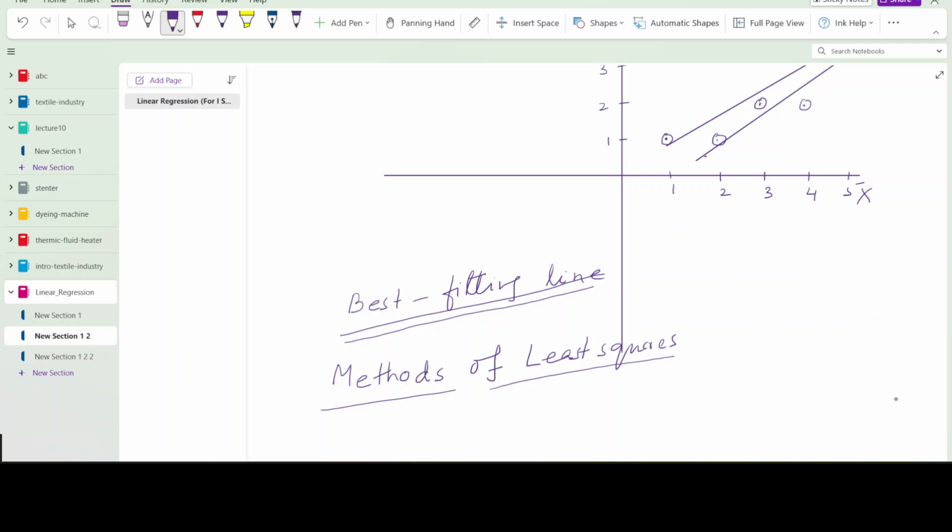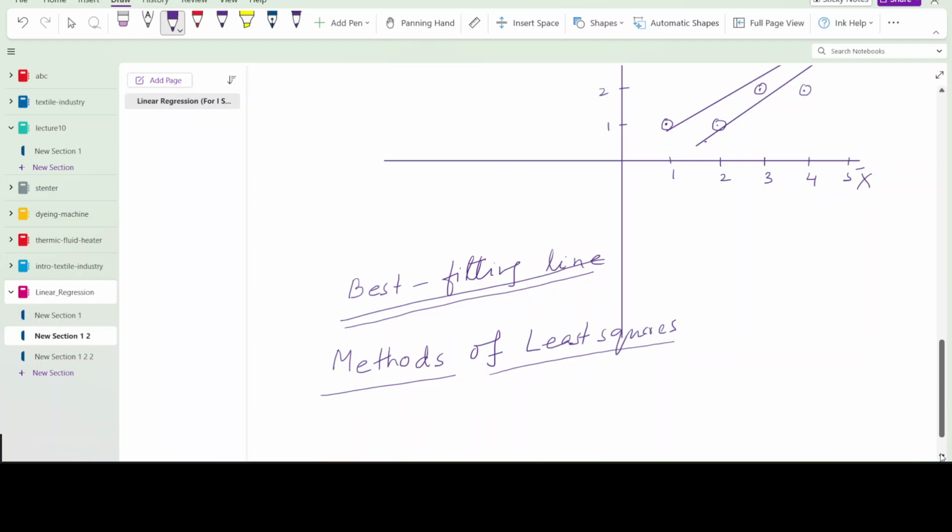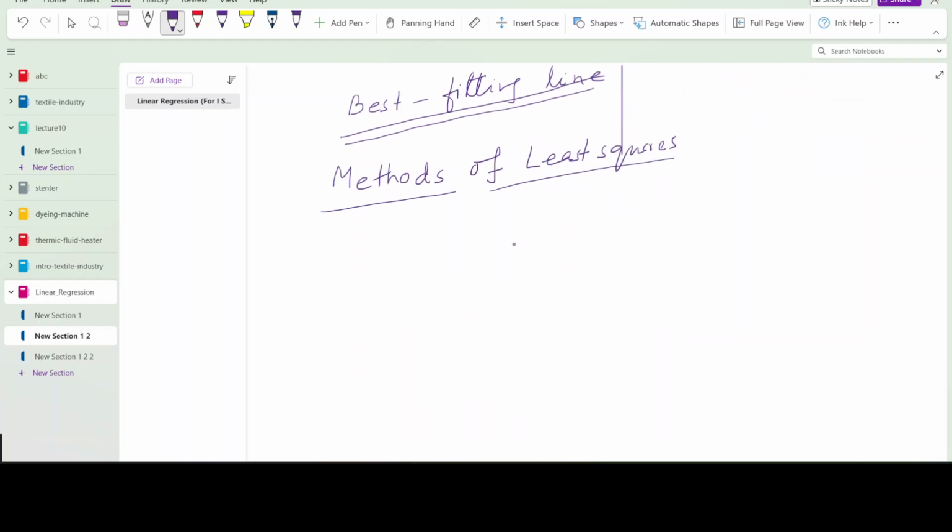In this, suppose we have an XY axis. This is our X axis and this is our Y axis.